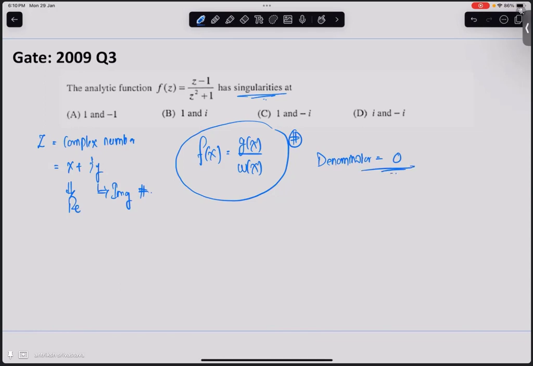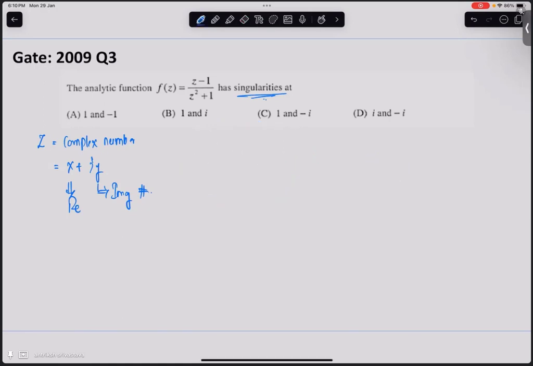Denominator tends to 0 or is 0. So to get the solution for this question, we have to put the denominator of this expression equal to 0. Remember that z is a complex number.